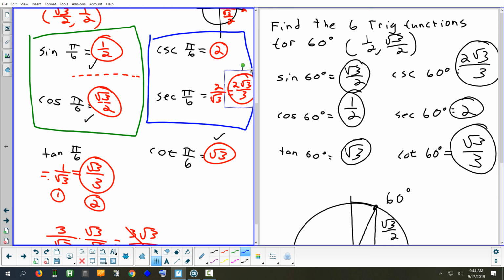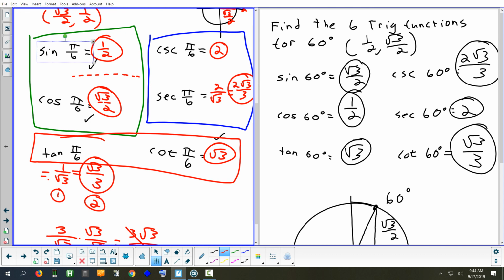And then look at the bottom. Tangent and cotangent. Those two answers switched places. So if you just read the functions that I put in the green, the blue, and the red box. Sine, cosine. Secant, cosecant. Tangent, cotangent.